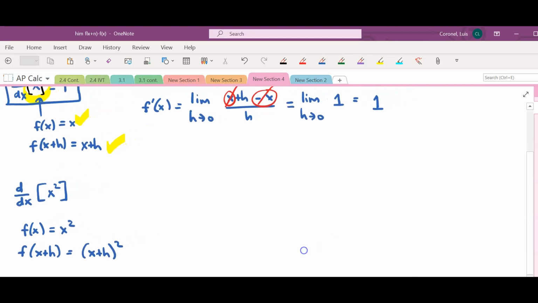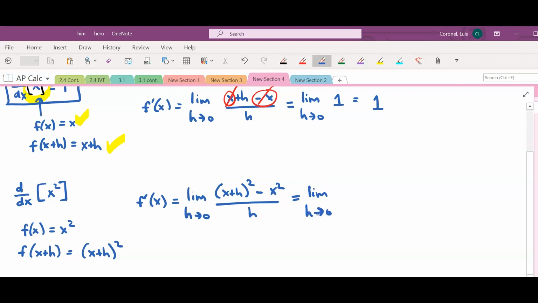Now, since we have both cases, we can find the derivative. Limiting process, as h goes to 0, f of x plus h is this guy, minus f of x, which is x squared, all over h. Now, we've done these in the past where you have to expand and simplify. So let's do it quickly.